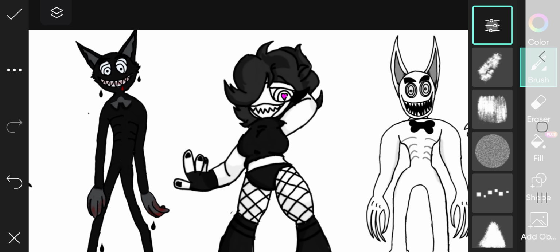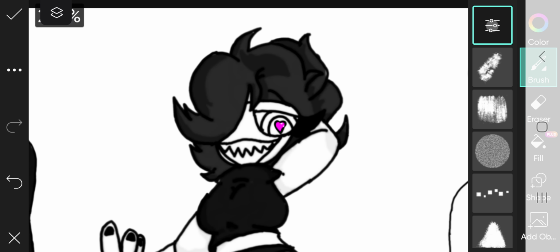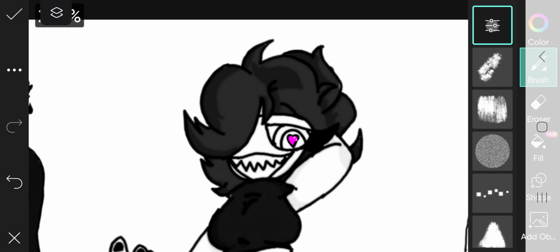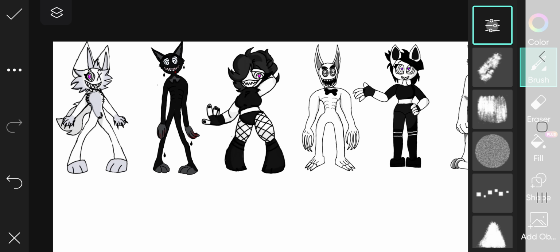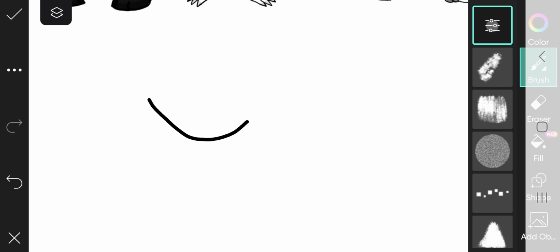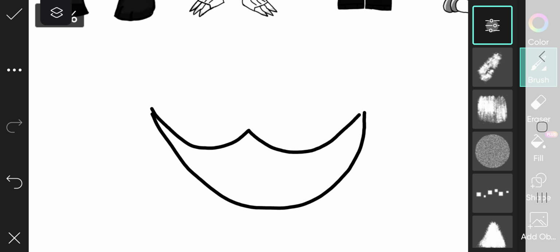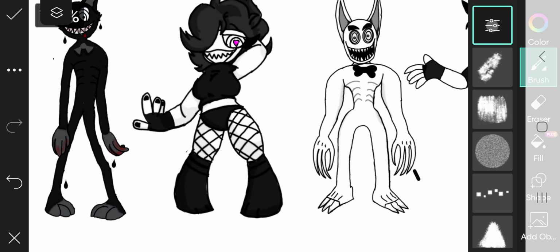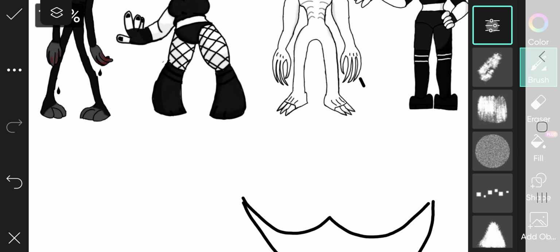So, when it comes to Chi-Chi, I'm not telling you how I draw her hair because I honestly can't remember anything about her hair. But when it comes to her mouth, I can actually tell y'all something. Chi-Chi's mouth is kind of like a cat's mouth. Kinda, if y'all look at it. It's not exactly like a cat's mouth.